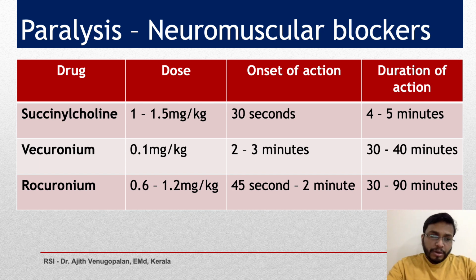So you just have to ventilate for 4 to 5 minutes, and the drug's effect goes off. But with vecuronium or rocuronium, the action goes up to around 1 hour. So you have to ventilate for 1 hour even if you are not able to intubate. That is the concern or challenge that you have with non-depolarizing agents over depolarizing agents.